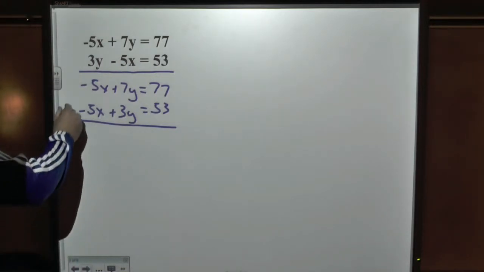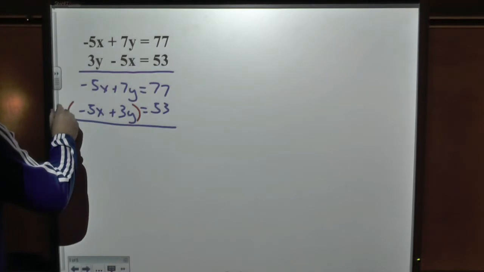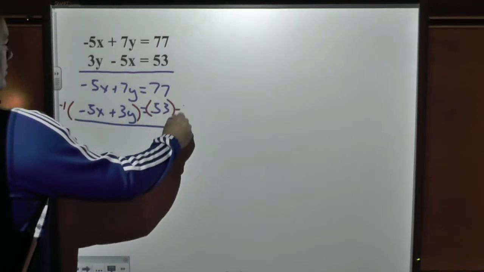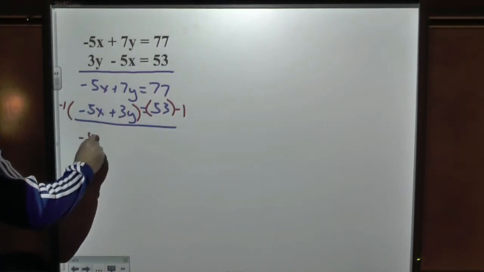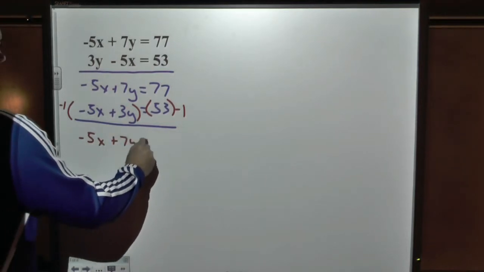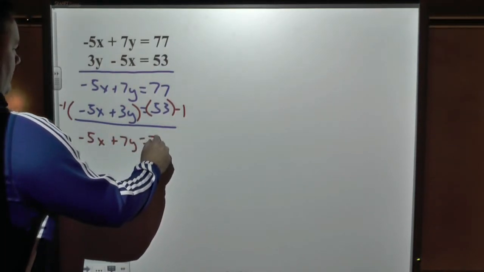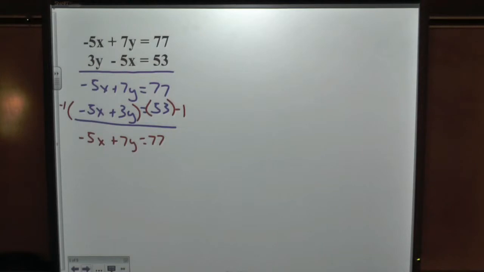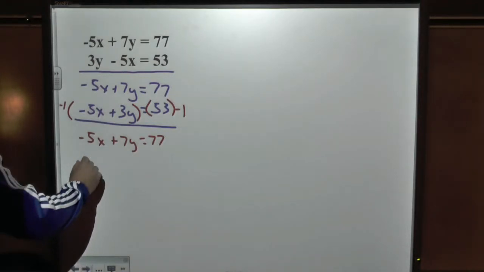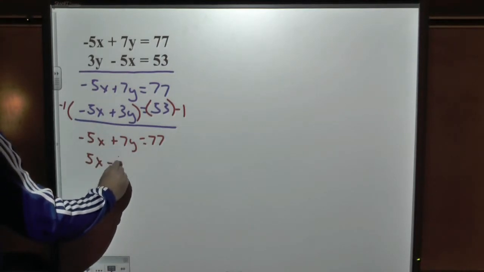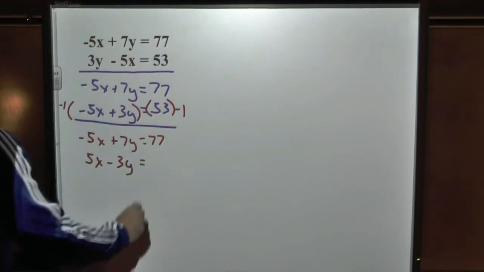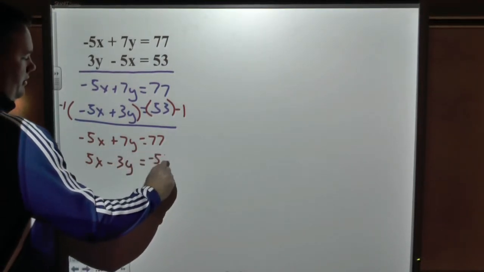So we're going to multiply the second equation by negative 1. The first equation stays the same. The second equation, multiplying by negative 1 just means we switch all the signs. So the negative 5x becomes 5x, the 3y becomes negative 3y, and the 53 becomes negative 53.